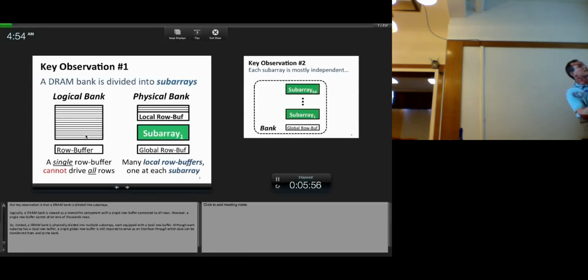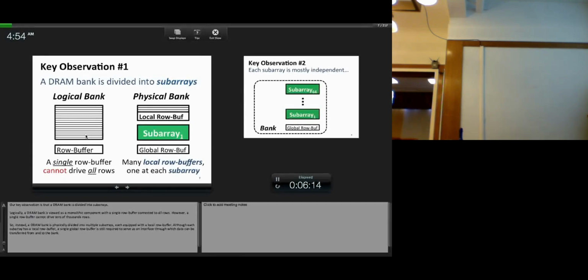And later when you do a read, you read a column from that subarray through the global bit lines, which need to be very large because now you need to drive across the chip. You drive the global row buffer. This is the global I/O circuitry. And actually this is much smaller than the local row buffer because the bit lines are much larger over here.